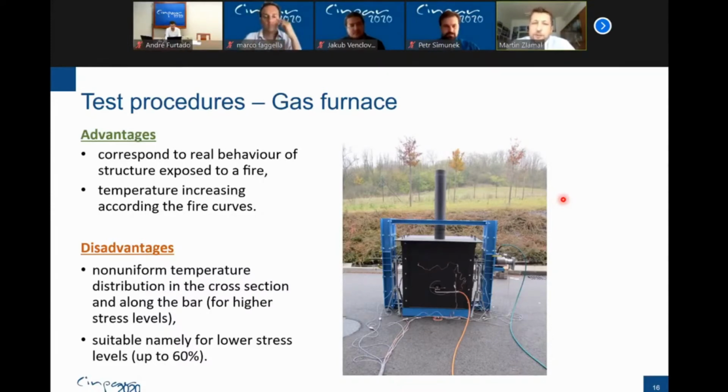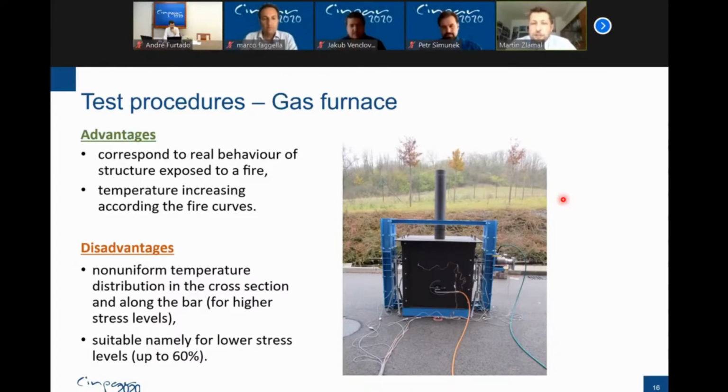But if we use this furnace only for the lower stress levels, rupturing the bar will take more than 30 minutes. During these 30 minutes, we will obtain practically constant temperature along the bar. As I said, it's suitable namely for lower stress levels, because it took from 10 to 15 minutes when the experiment starts.